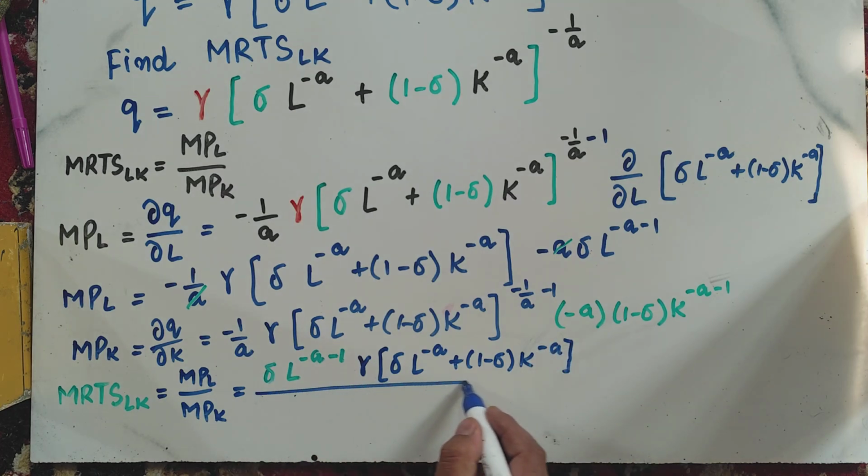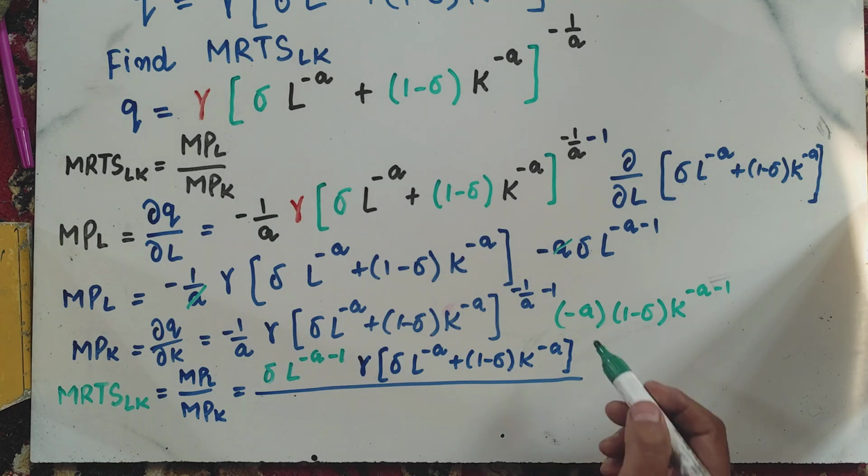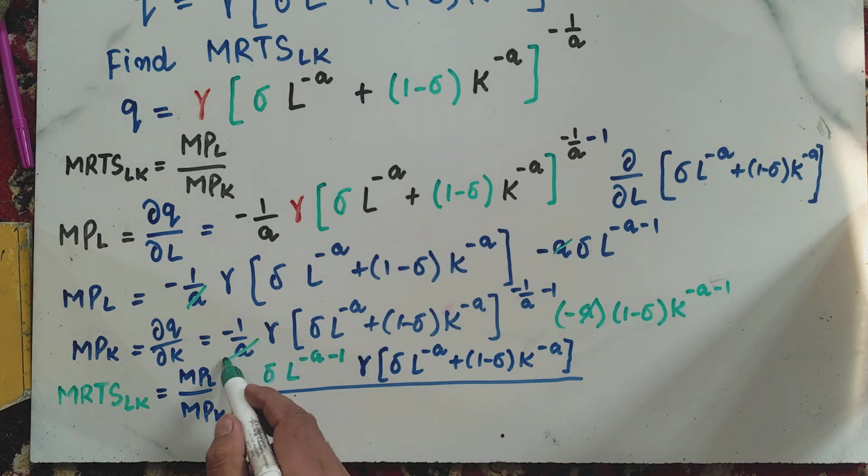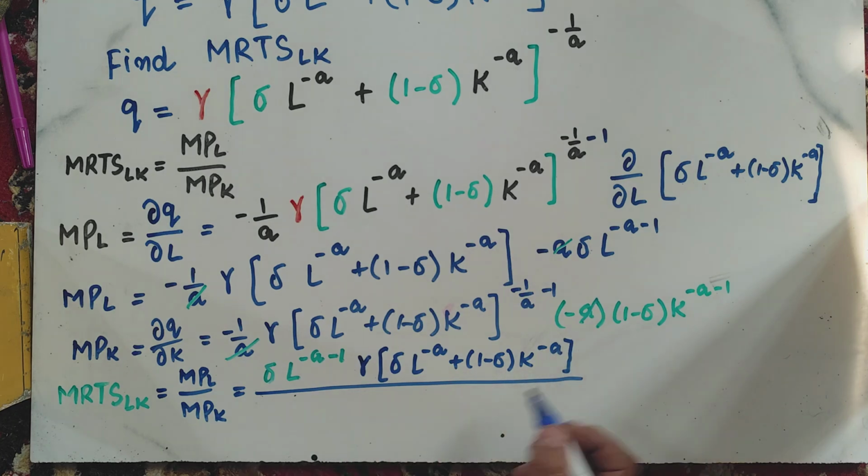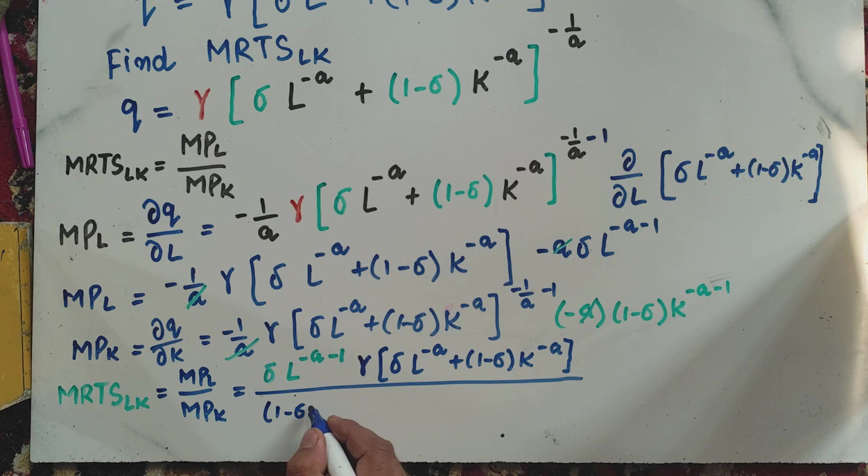To this we divide by the marginal product of capital. Again, this A and this A get cancelled, minus into minus is plus. We are left with 1 minus delta, then we have K raised to the power minus A minus 1.